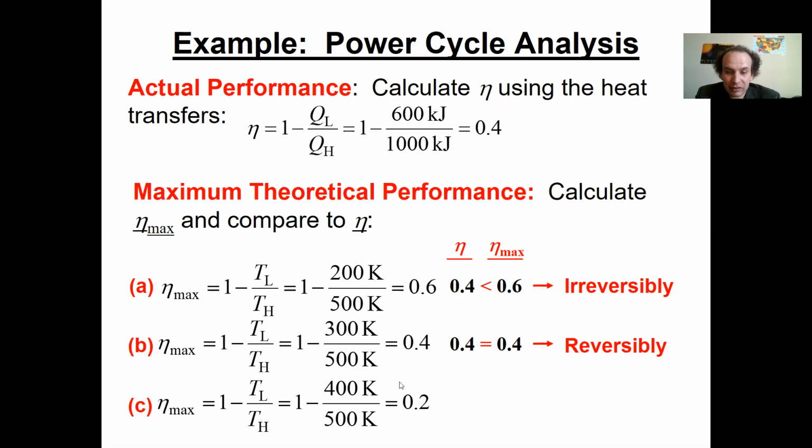But if my TL is 400 Kelvin, then my maximal efficiency will be 20%. And what is my conclusion? It looks like this efficiency exceeds the maximal, which is impossible. It's not impossible because you don't know how it works. It's impossible because it would violate the second law.